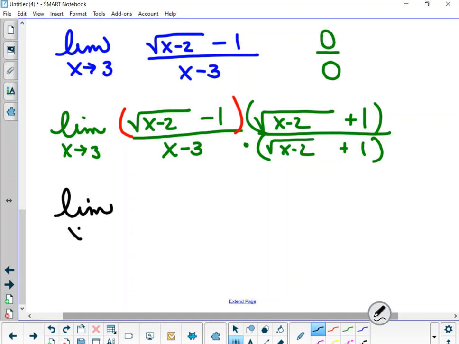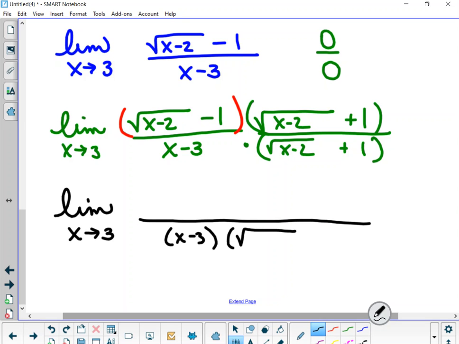All right, so let's see if you guys remember how to do this. All right, non-conjugates, let them sit next to each other, just hang out. Multiply your conjugates. Square root of x minus 2 times square root of x minus 2 gives me x minus 2.